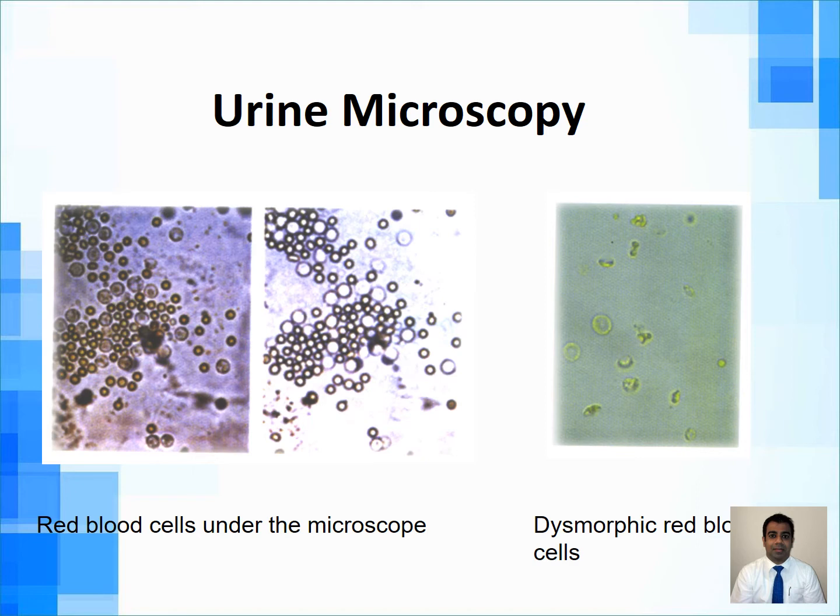However, to say definitely that there is a significant amount of dysmorphic red cells in the urine, you should have very high levels, as high as 70-80% of cells being dysmorphic, to be absolutely certain that this is a glomerular hematuria. If your dysmorphic cell percentage is less than 20%, then that usually excludes a glomerular cause for hematuria.